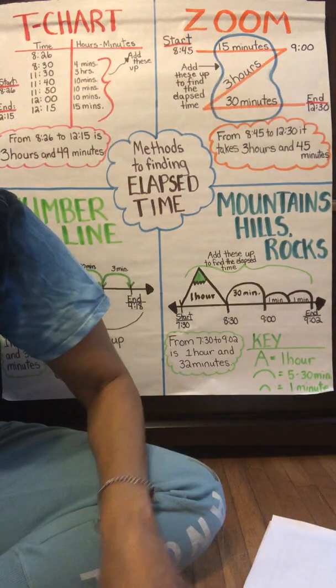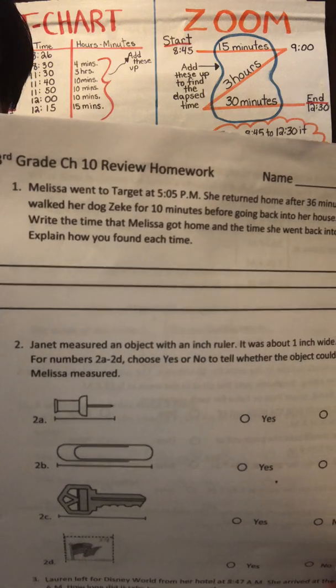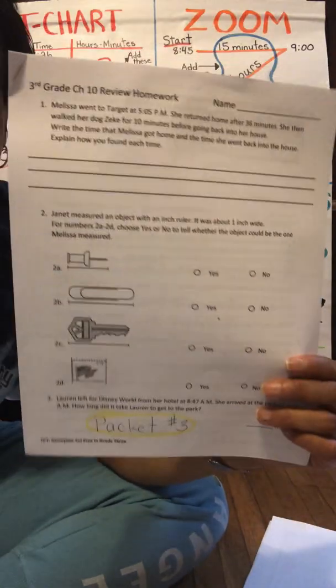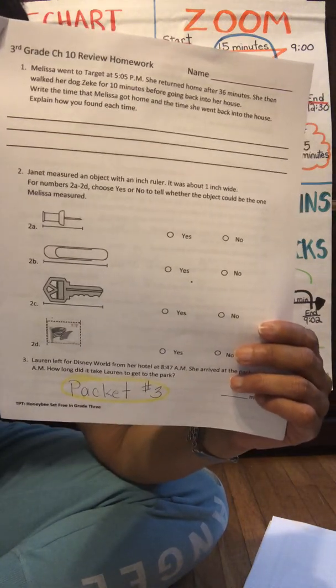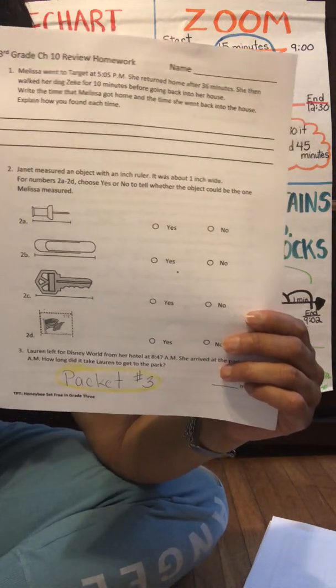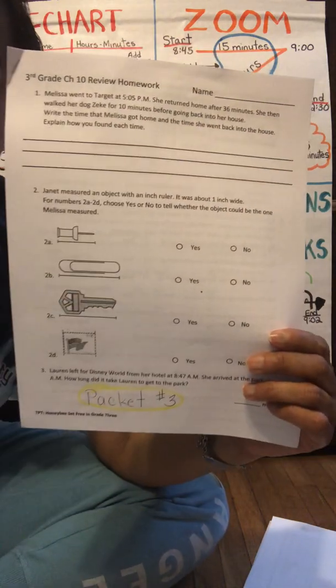And then after this packet, you could have also gone on to do packet 3. Packet 3 at the top just says 3rd grade chapter 10 review homework. But this little packet is everything in chapter 10. It's not just time, it's measurement, it's liquid volume, it's everything. And I didn't get to do everything with you.